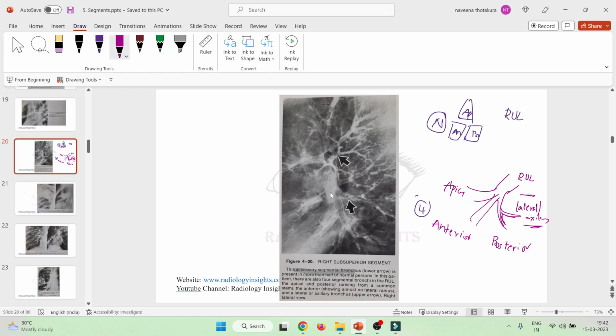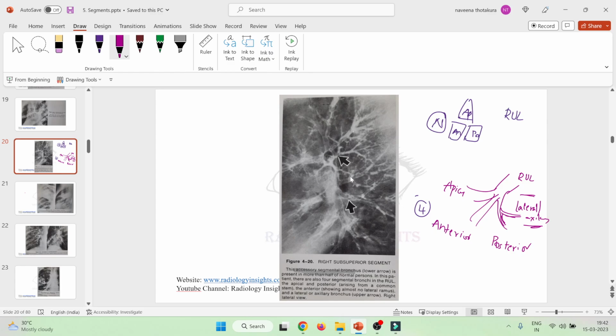So this one here which you are seeing is the accessory subsegmental bronchus, which is present in more than half of the normal persons. Okay, this accessory subsegmental bronchus is the lower arrow. It is seen in more than half of the normal individuals. And here if you see, there are four bronchi seen in the right upper lobe.